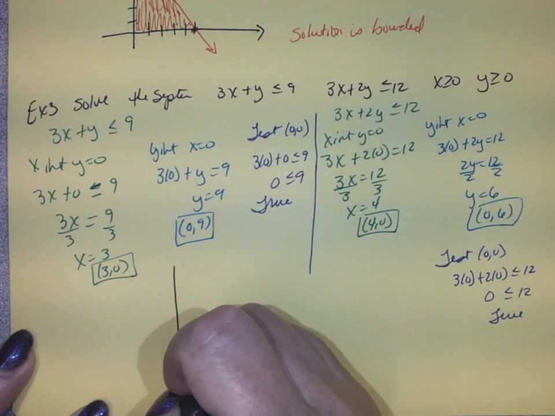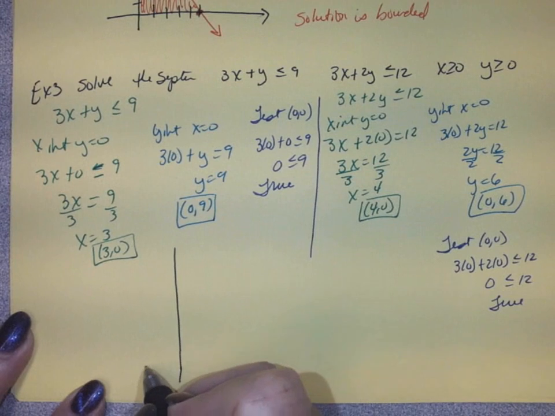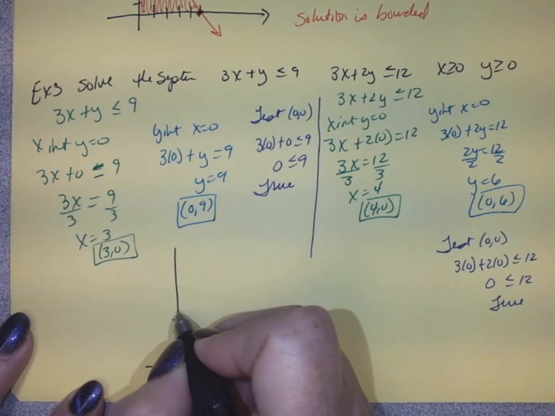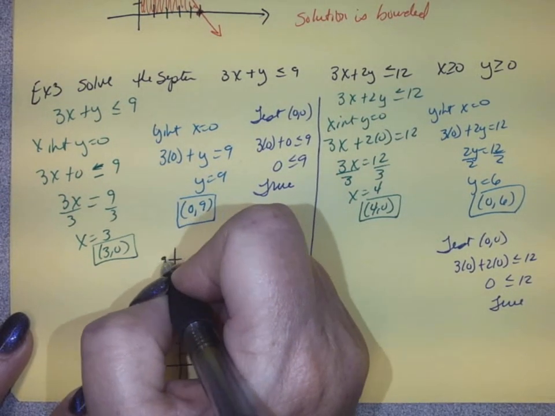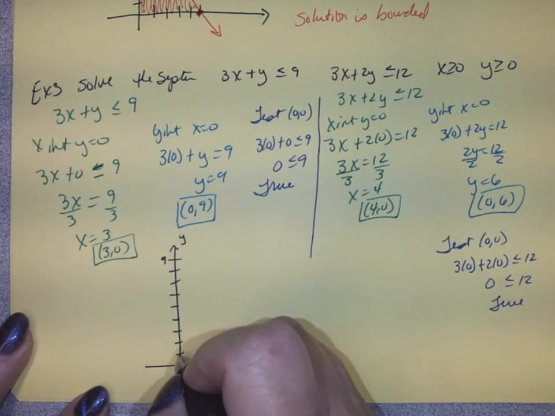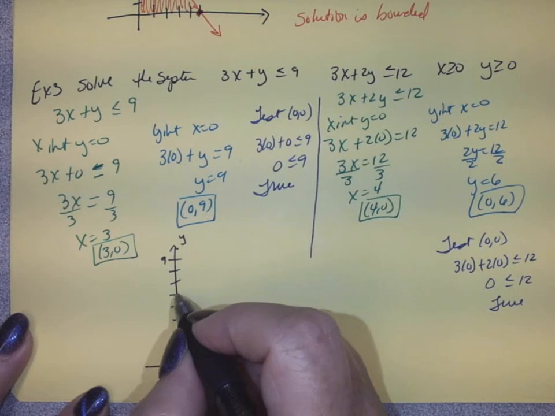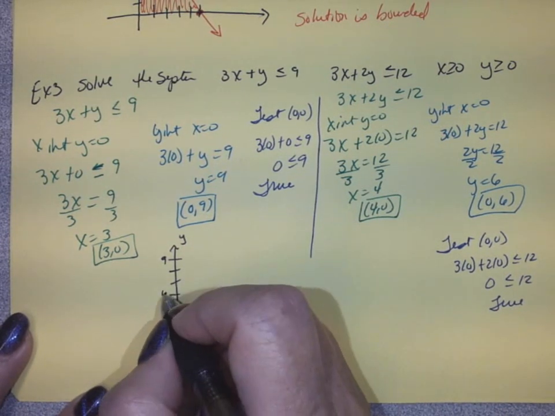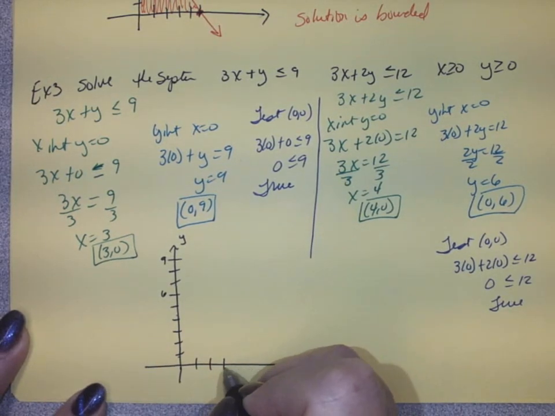So I'm going to graph here. One, 2, 3, 4, 5, 6, 7, 8, 9. And we have 1, 2, 3, 4. This will be the 6 that we need. All right, and then we have 1, 2, 3, and 4.